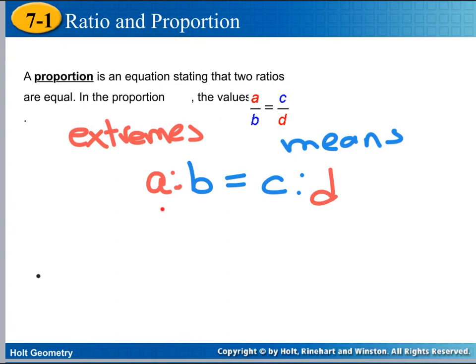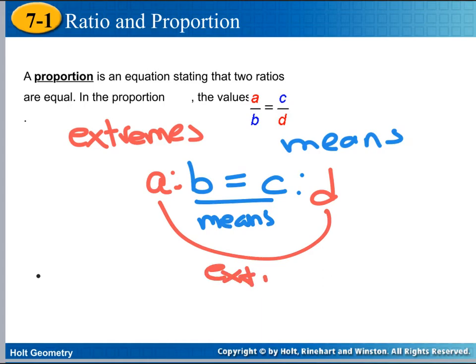So we can see A and D are farthest apart. That kind of goes with the meaning of extreme, something that's way out there. They're the extremes. And B and C are called means because they're in the middle. So these are the means, B and C, and A and D are the extremes.